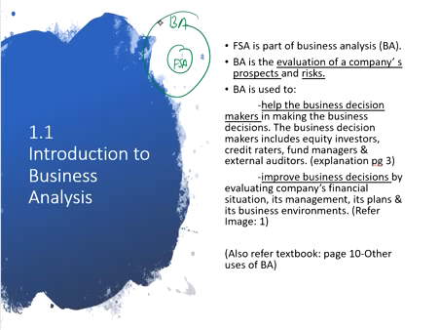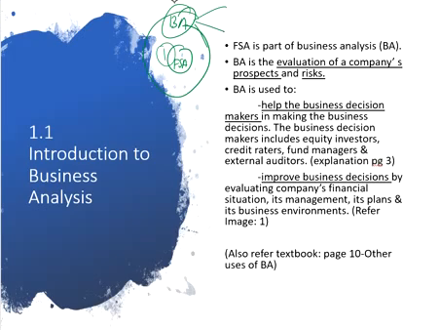So dalam business analysis ni, dia analyse 3 benda, iaitu company's business environment, strategies, dan juga financial position. That's why FSA is part of business analysis. Okay, sebab BA ni ada 3, so salah satunya ialah FSA lah, one of the business analysis lah.